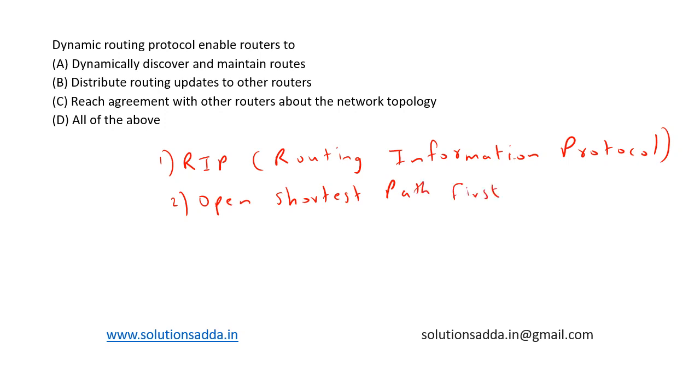These are some examples of dynamic routing protocols. Now, a dynamic routing protocol enables routers to discover and maintain routes, distribute routing updates to other routers, and reach agreement with other routers about the network topology. So options A, B, and C are correct. So the correct answer here is option D, all of the above.